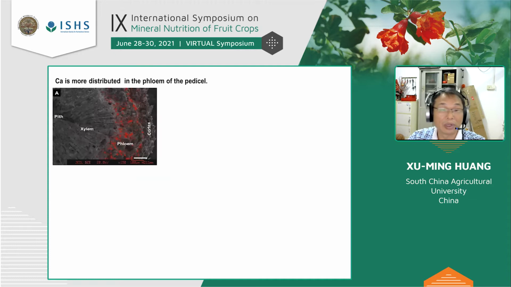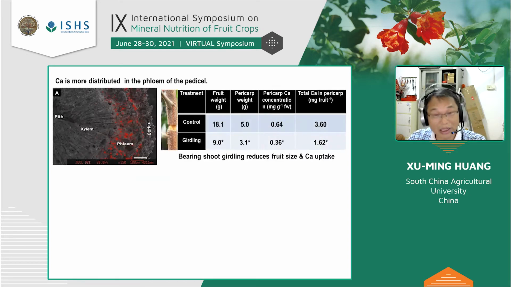For example, calcium is more distributed in the phloem of the pedicel. And girdling, which cuts off the phloem pathway, causes fruit to reduce in size and inhibits fruit calcium uptake significantly.